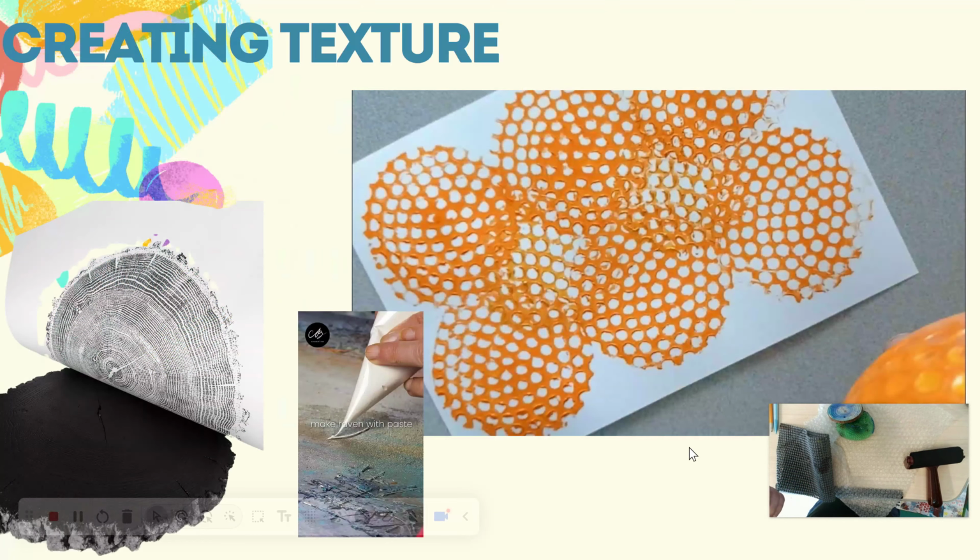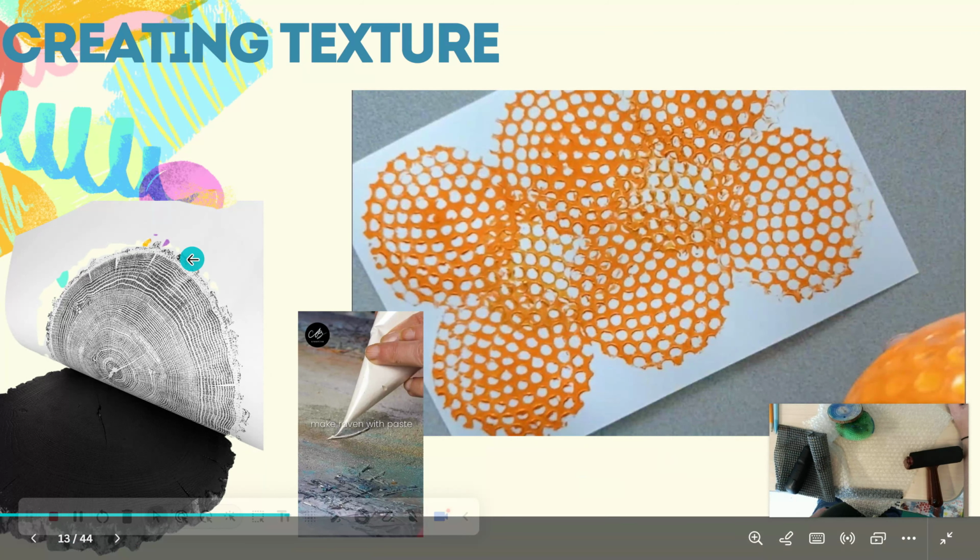I know that we talk about texture a little bit in Art 1, but I want you to start exploring how you could use elements outside of using a pencil to create texture.